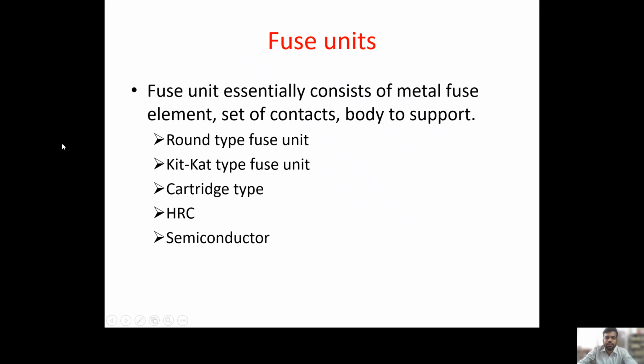For example, take the rated current of the fuse against the approximate current rating. If the current rating which I have calculated is about 6 amperes, see here, this is 6 ampere.